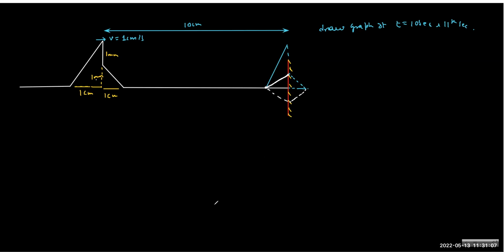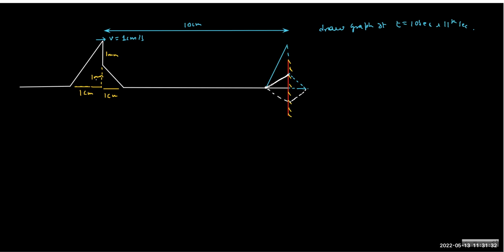Is this your answer? Yes, sir. Can you see the answer? No. The part which is inside the wall will invert and reflect, right? And what we do is we superimpose the reflected part on the actual incoming part.